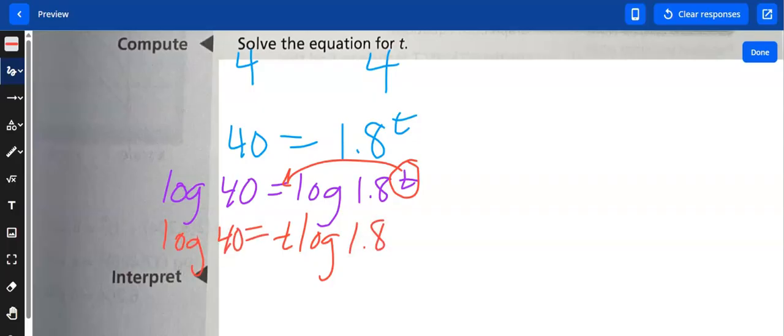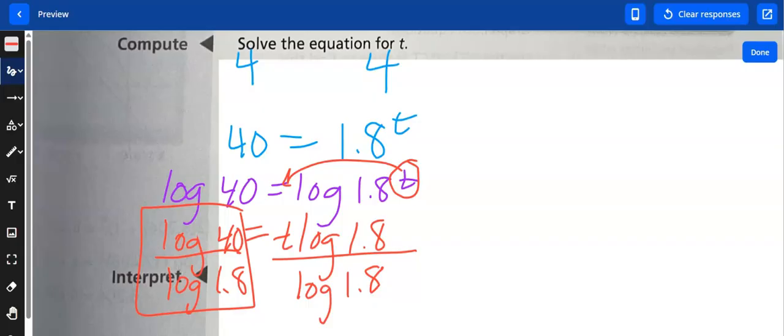And then you divide both sides by log 1.8, which we all know is a nasty, ugly decimal. But you're literally going to type this on a calculator, and some of you are telling me 6.28, right?